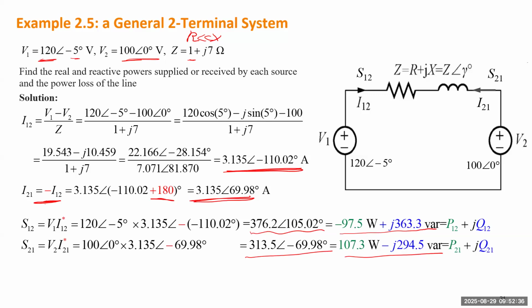Okay, that's the real power. For the reactive power, bus 1 will send 363 reactive power to bus 2. And bus 2 will send negative 294, which is also negative, which means it receives 294, right? The difference, which is about 70, will be whatever is lost along the line.